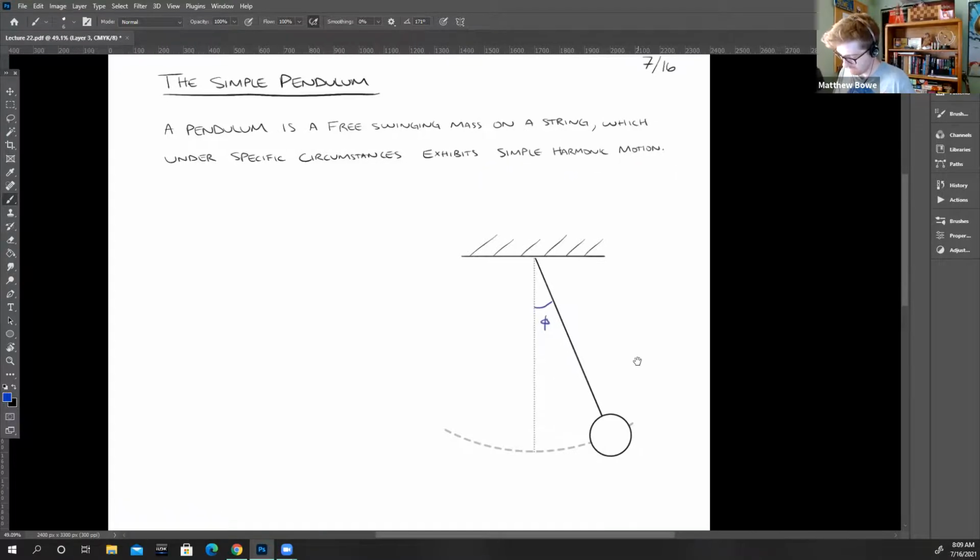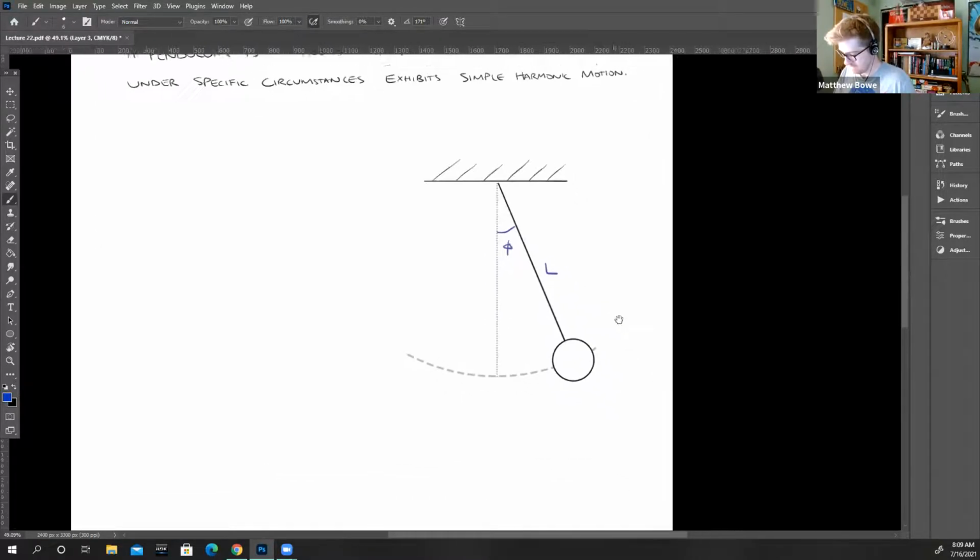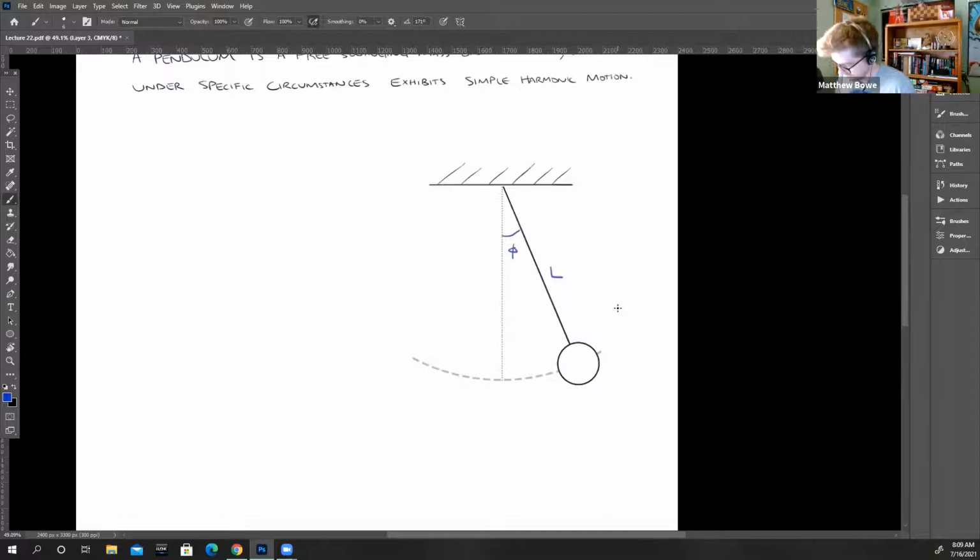So we have this pendulum. It has a length from its pivot point to where the mass actually sits, L. And it's going to be swinging a specific arc length from here to here of S. What else can we sort of insert on this picture?